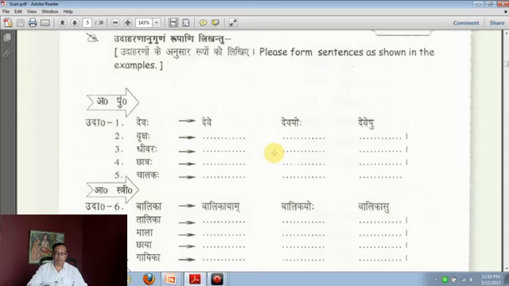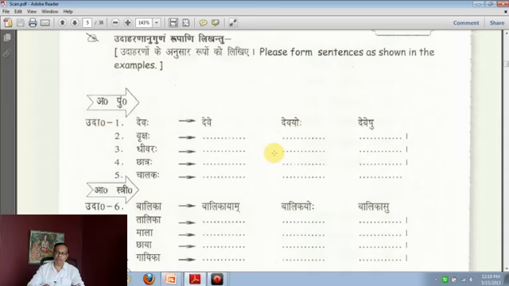And the third one is Dhivaraha, fisherman. Dhivaraha, Dhivarayoho, Dhivareshu. So how would you do the Vriksha Shabda? Vrikshe, Vrikshayoho, Vriksheshu. Dhivare, Dhivarayoho, Dhivareshu.